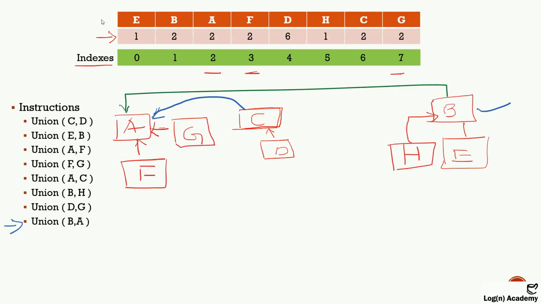As you can see, A is having a self loop, a reflexive property, because A is the parent now for all other elements, and all other elements are referring to A. Initially, I showed you when we had some disjoint sets, those elements were pointing towards themselves, and all the elements were the same as the index numbers.